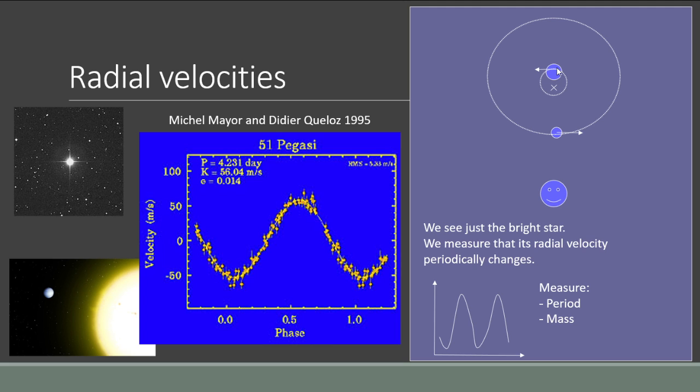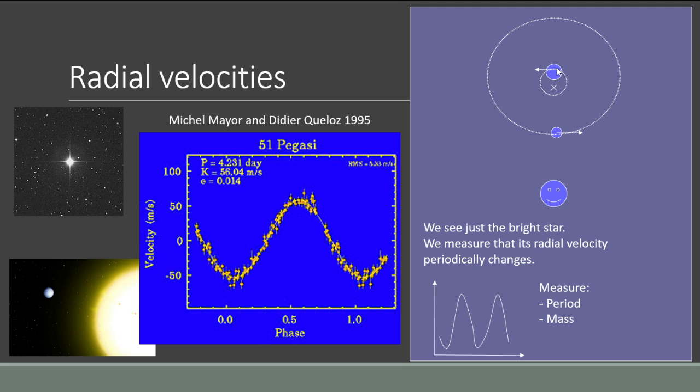And when we observe the star, we see from detailed studies of the stellar spectrum that for half of this period the star is moving towards us and for half of the period it is moving away from us. We can measure just the radial velocity.